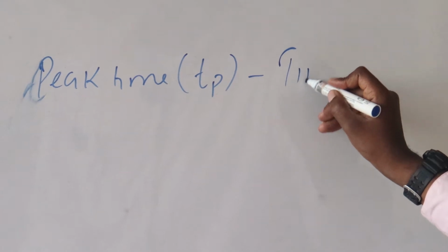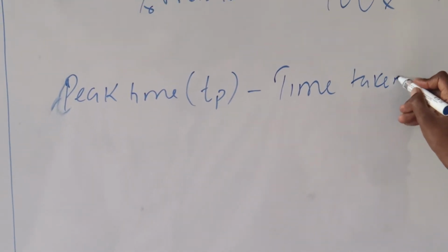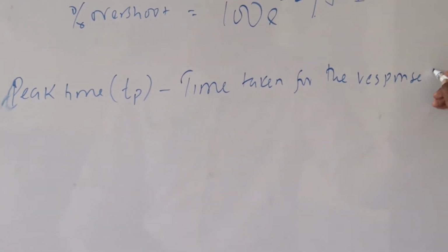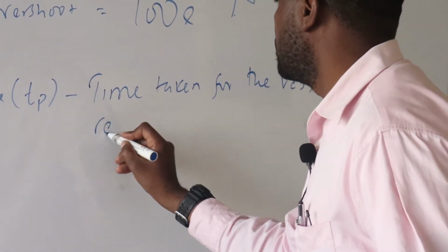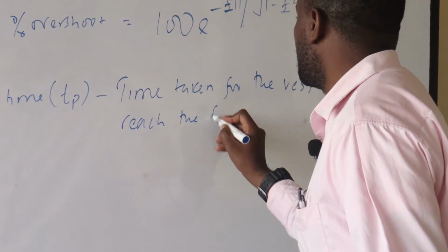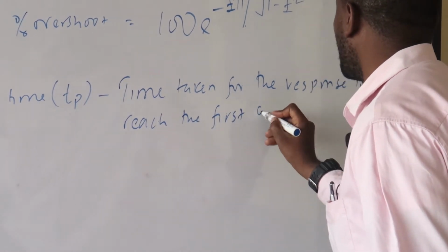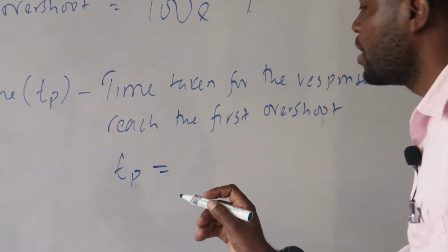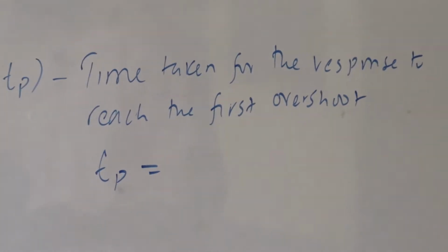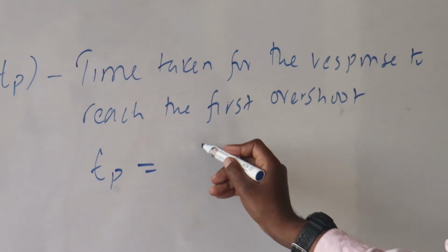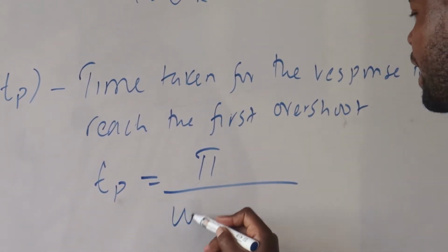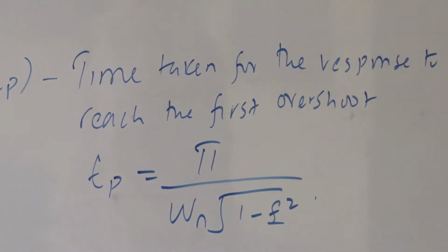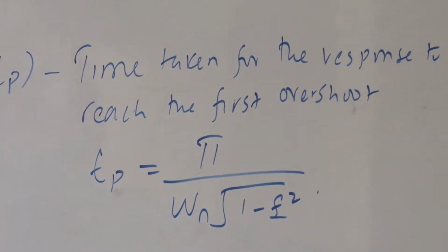TP is always given by pi all over omega n root of 1 minus zeta squared.